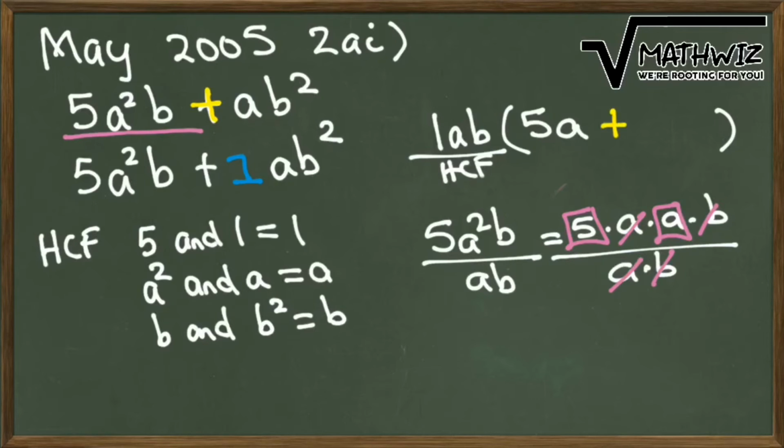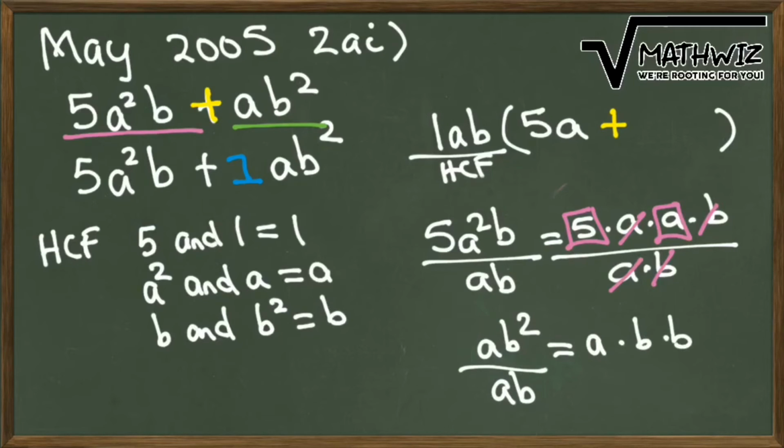Then we put back the plus. And then we have the second term, which is a b squared, and we put that over the highest common factor. So we have a times b over a times b.